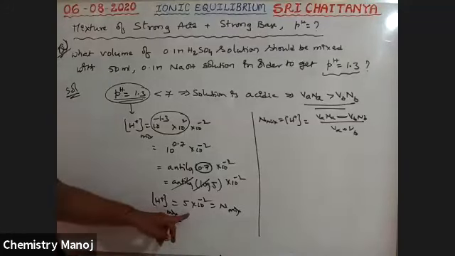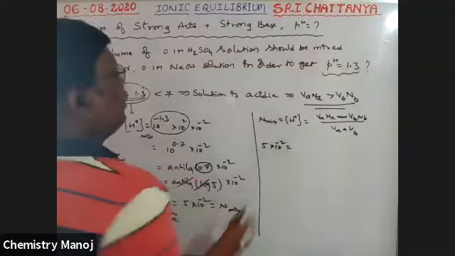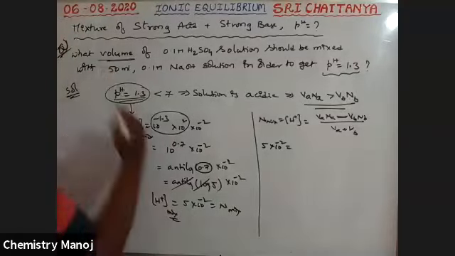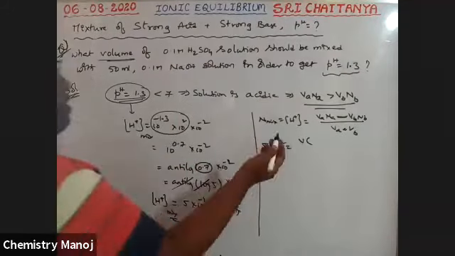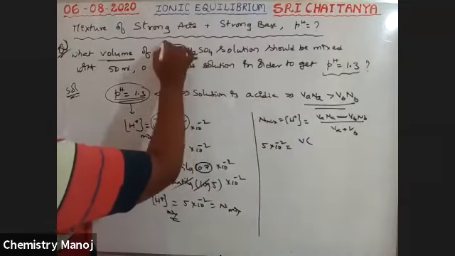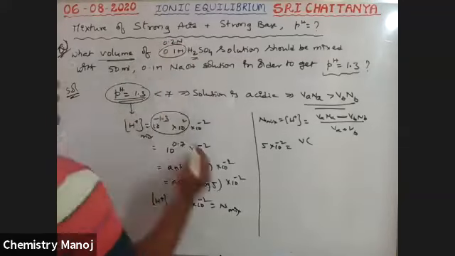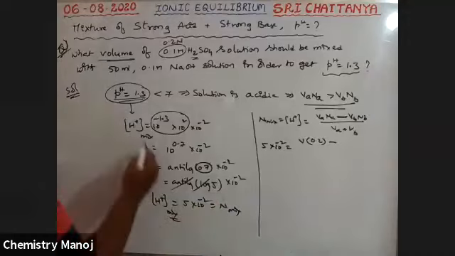N mixed is equal to how much? 5 into 10 power minus 2, which is equal to volume of acid, we don't know, that's why let it be V, times normality of acid. Not molarity, normality, because it is 0.2 and the N factor is 2. Therefore 0.2 N, minus VB NB. How much is the volume of base?